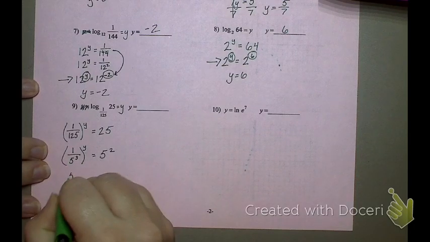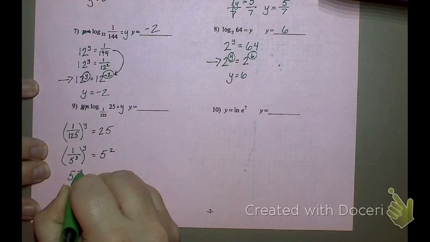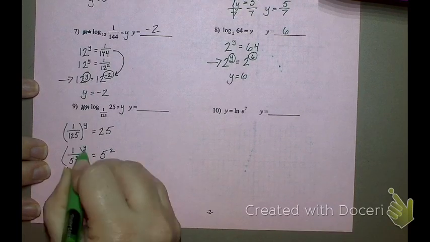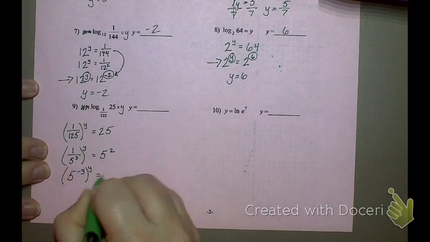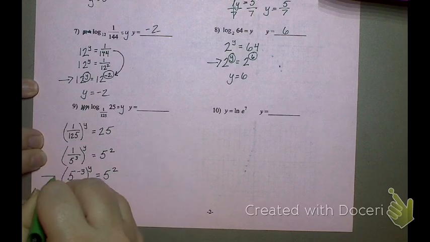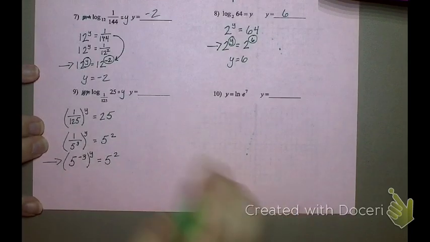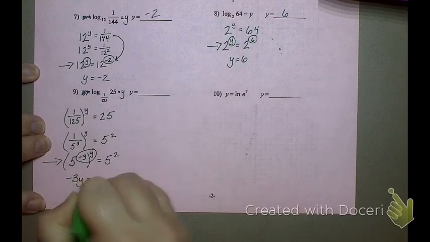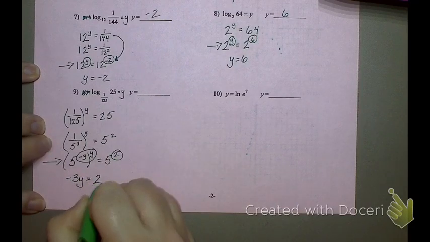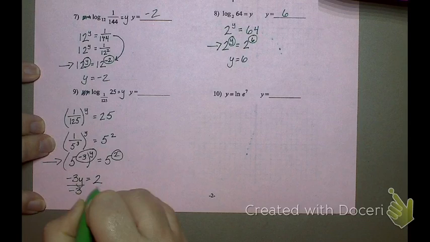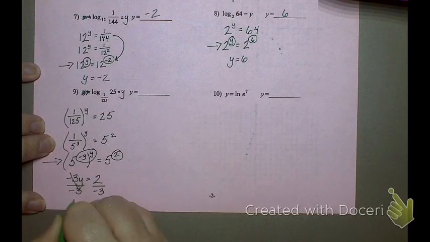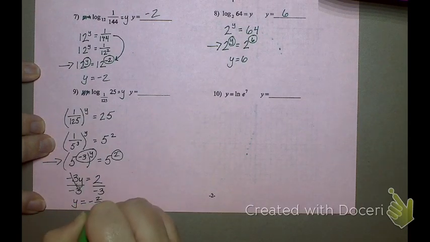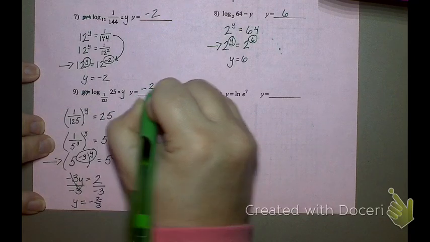So I'm going to call this 5 to the what? Negative third. Still with that y up there. And now there's that important step I have to see with the matching bases. So negative 3y is equal to 2. Divide by negative 3. And y equals negative 2/3. So I type in negative 2 over 3.